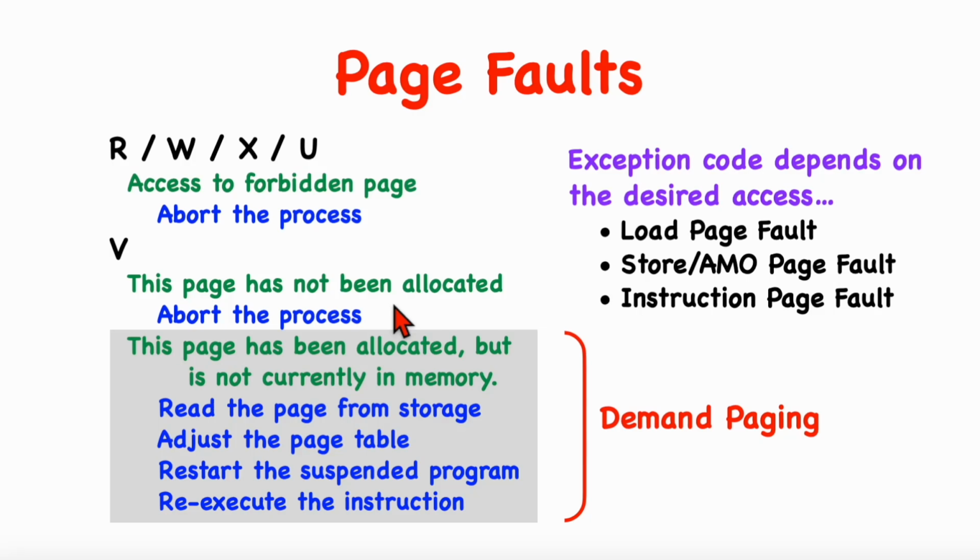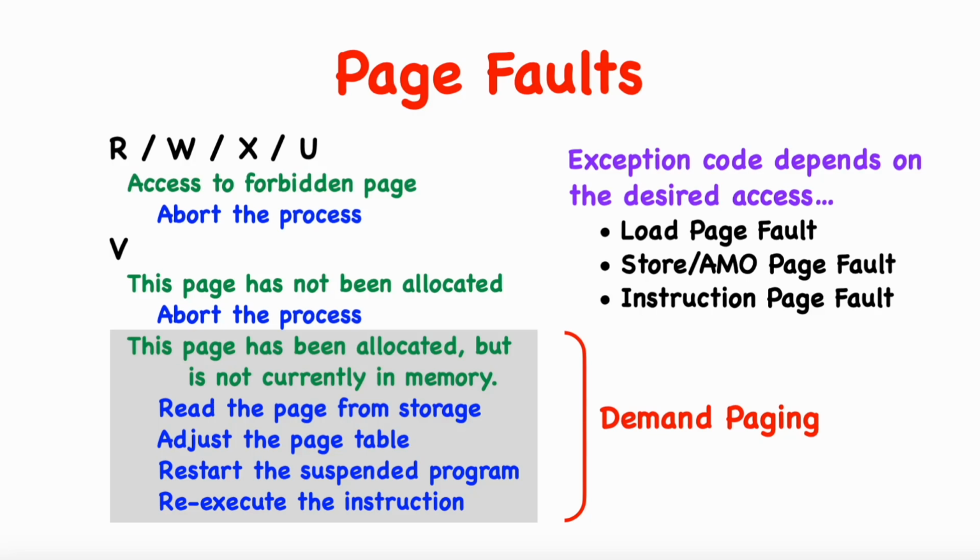And second, the valid bit is used to flag pages that are part of the virtual address space, but that are not currently resident in main memory. Accessing these pages will cause the page to be moved back into memory, and this is the demand of demand paging. These pages are moved back into main memory on demand.